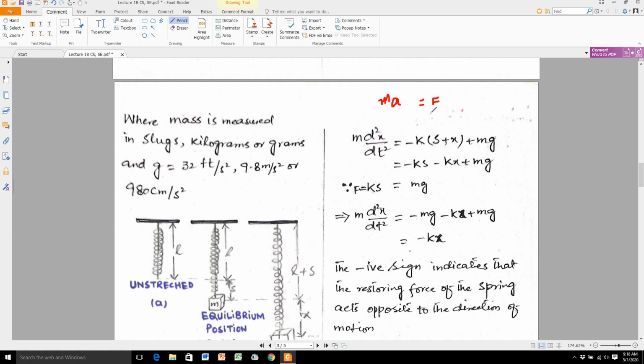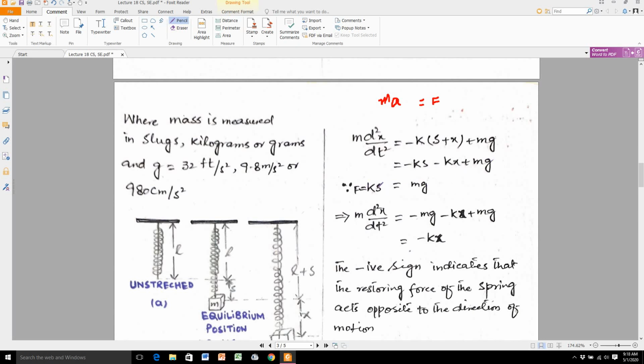And this F contains the restoring force plus the weight of the body. So I am writing m d squared x over dt squared is equal to minus k into s plus x plus mg. When I open this, it is equal to minus ks minus kx plus mg.